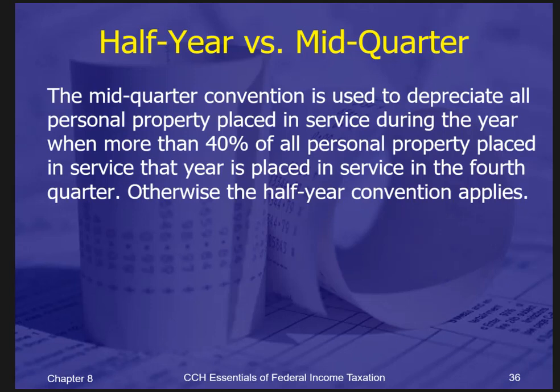So basically, you knew that you get a half-year depreciation on everything, so you buy everything at the very end of the year in order to get a whole half of the year, even though you didn't own it for very long. They say if you do that, if you put too much of your assets in the fourth quarter, you're going to have to use the mid-quarter convention rather than the half year. If you don't, then you can use the half year on all personal property.